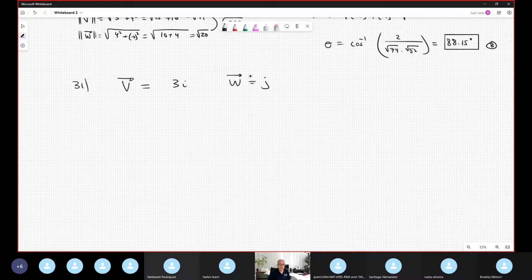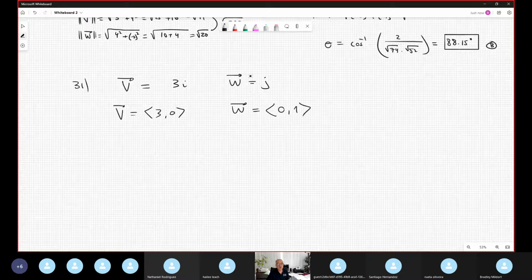If you are not familiar with this notation and you prefer another notation, this is equivalent to 3, 0, because we have no j component. And i is positive. Let me fix it in my paper. Positive 3. Sometimes W is i, so i is 0, 1, right?